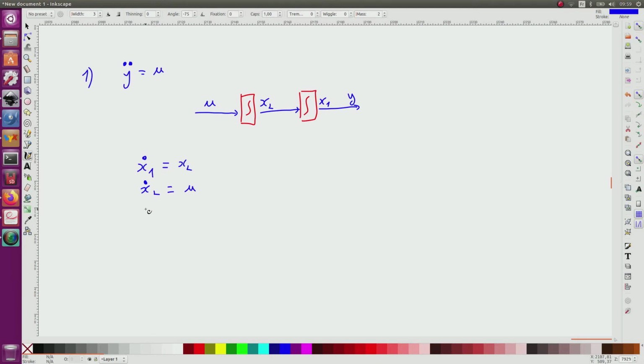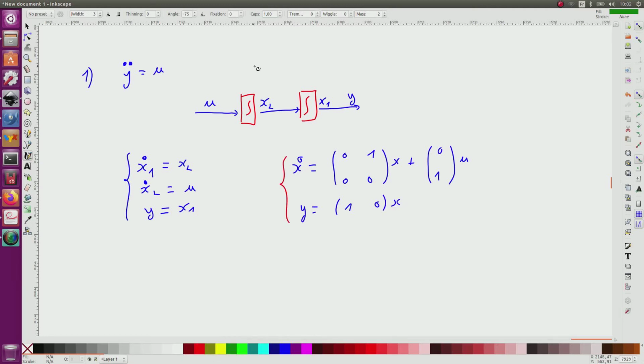And the output is y equal to x1. This corresponds to a state representation. In matrix form, I have x dot equal [0, 1; 0, 0] x plus [0; 1] u, y equal to [1, 0] x.